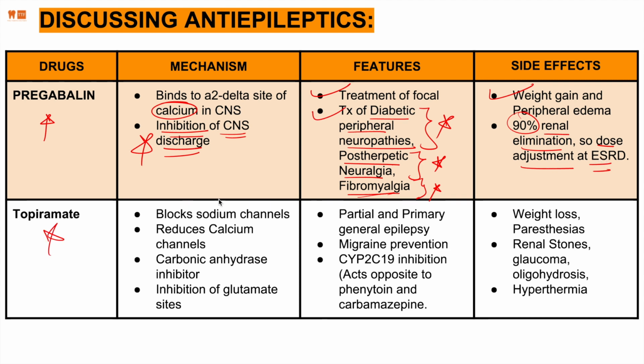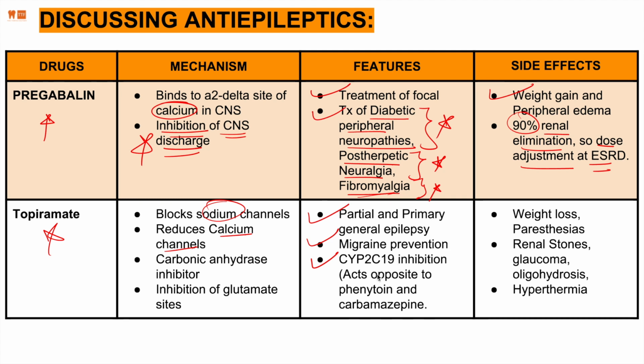Topiramate. It blocks sodium channels. It reduces calcium channels. And it is a carbonic anhydrase inhibitor. It inhibits glutamate sites as well. Features: partial and primary generalized epilepsies, migraine prevention, and CYP2C19 inhibition. Now, do you need to know this? You probably don't need to know this.